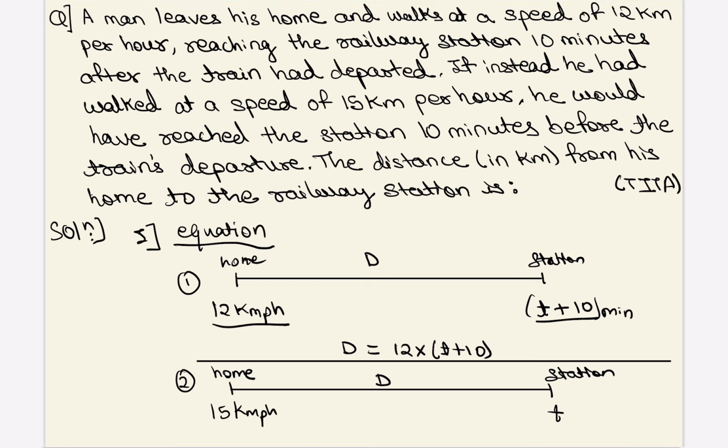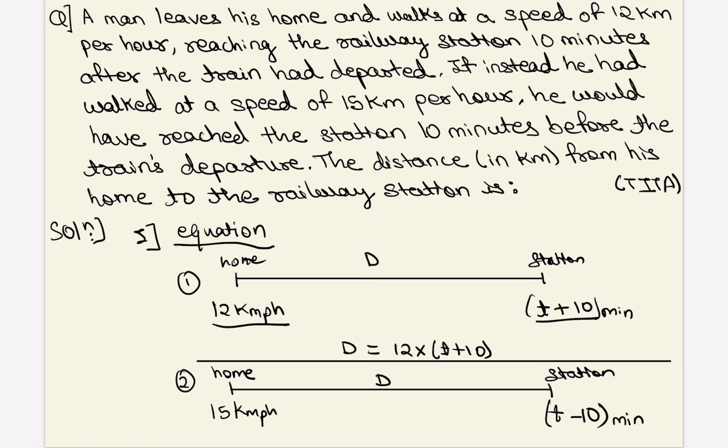We assumed that t is the time after which the train departs when he starts from his home. Let's say he starts at 0 from his home, then after t minutes the train departs. So if he reaches 10 minutes before the train, it becomes t minus 10 minutes.